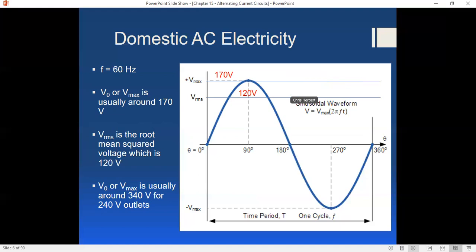Now, what does that 120 or 110 volt mean? It's a little bit complicated, but they're actually referring to the root mean squared voltage.